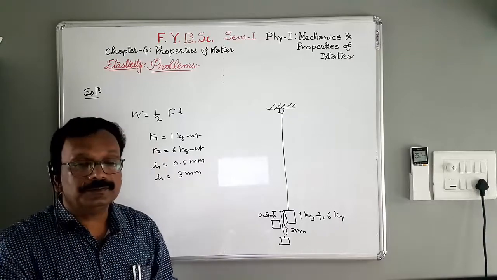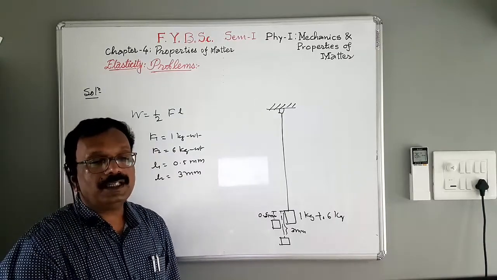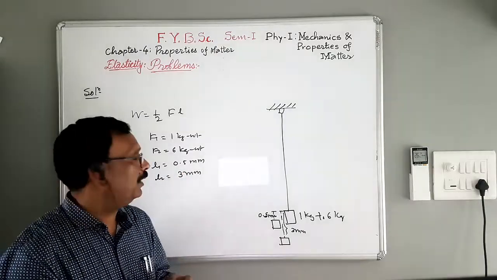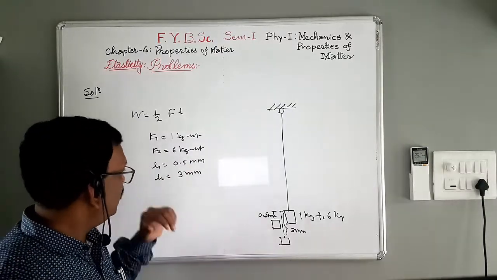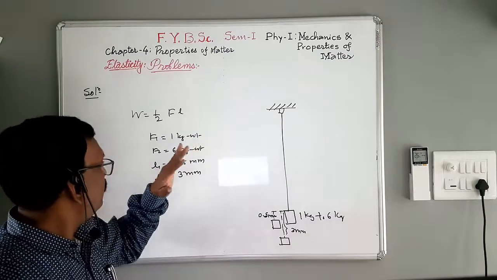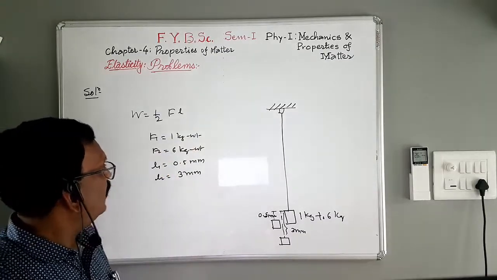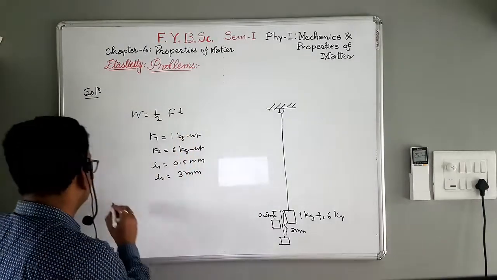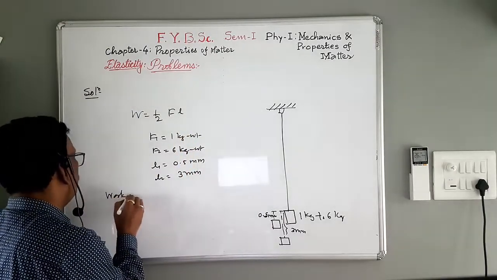So the extension increases from 0.5 mm to 3 mm when we apply the load from 1 kg weight to 6 kg weight. Now here the work done, very simple problem.